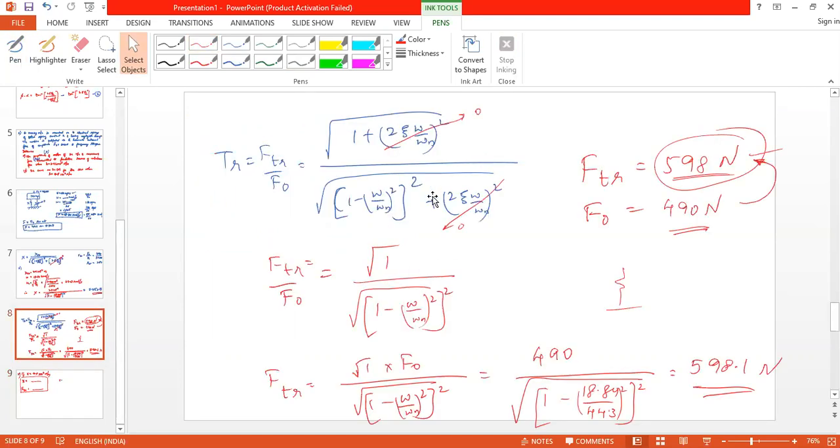So here in this equation, only omega n values will change, because there is a change in stiffness.